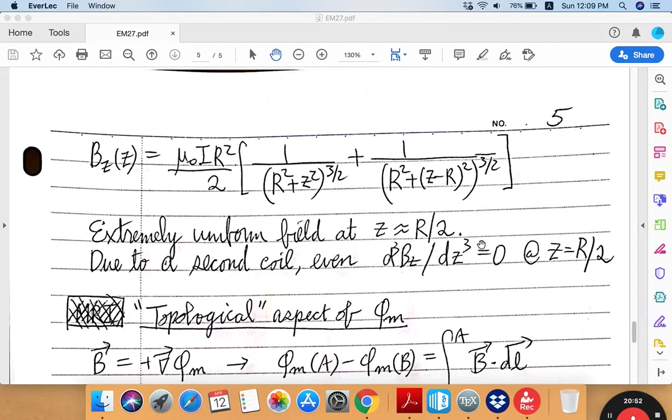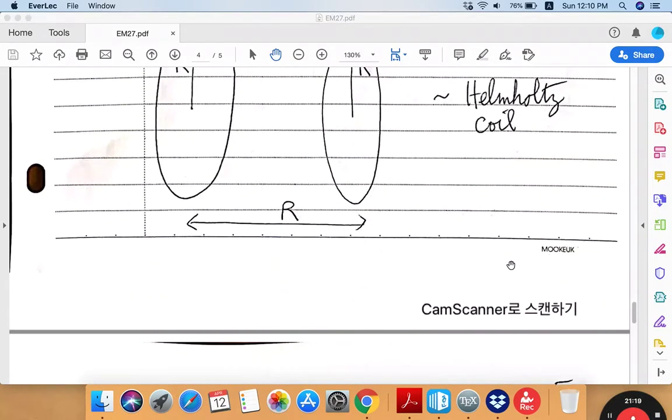But to make the case even more powerful, Helmholtz noted that it's not just the second derivative that vanishes at this midway point, but also the third derivative vanishes. And the vanishing of the third derivative is sort of guaranteed by simply the reflection symmetry of the whole setup.